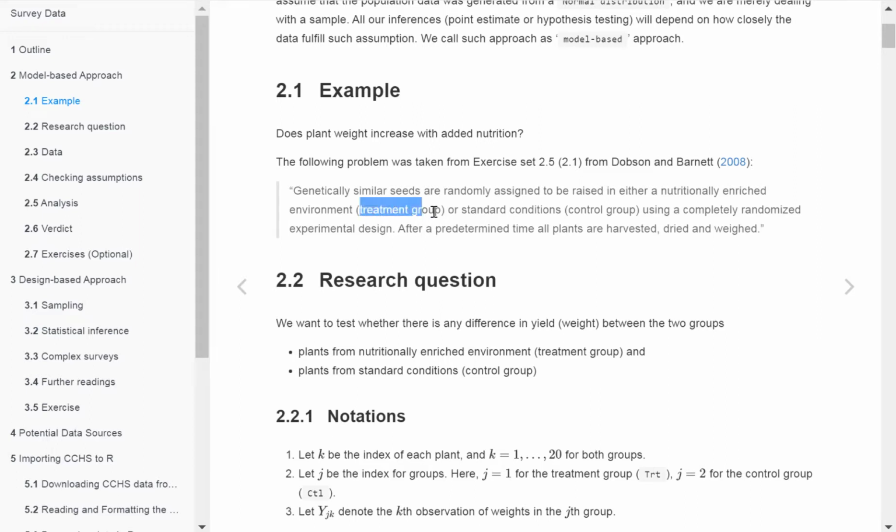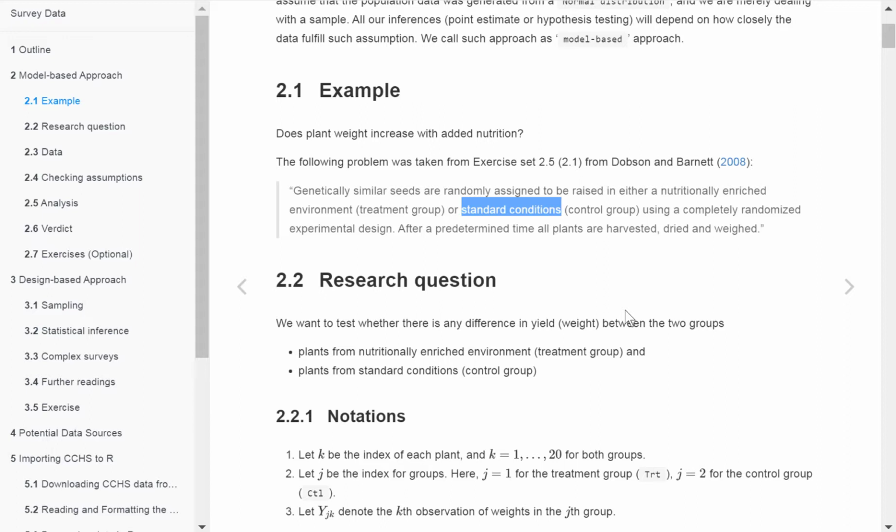One sample is known as the treatment group, another sample is known as the control group. Basically we are dealing with some plants, and we are giving them some fertilizer in the treatment group, and we are not giving any fertilizer, or we are raising them under standard conditions in the control group.